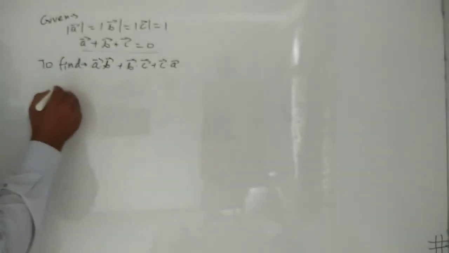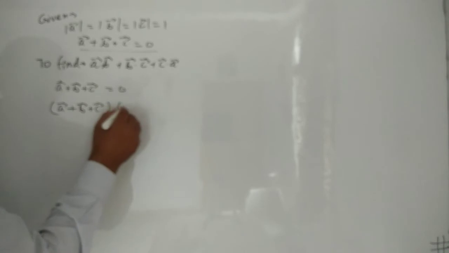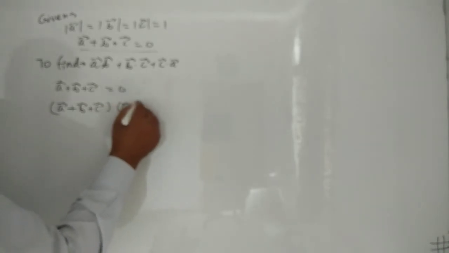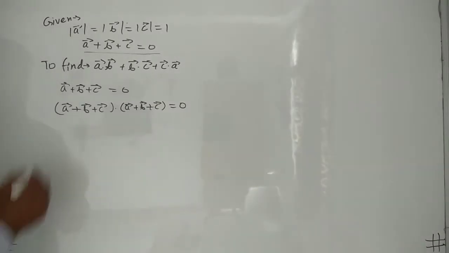So let us use the property of dot product, and we begin with what is given to us. You have A plus B plus C equals 0. You can apply A plus B plus C dot A plus B plus C equals 0.